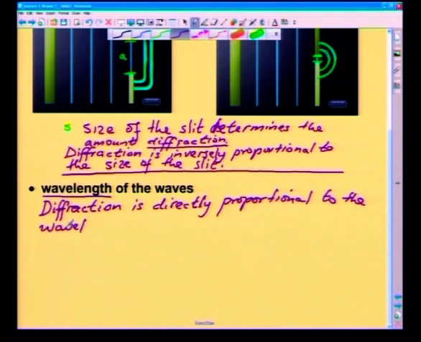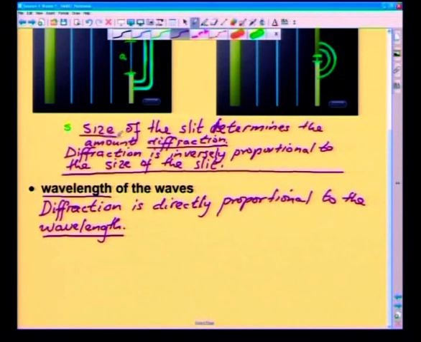Now, what does this mean? It means that as the wavelength increases, we would have more diffraction. So diffraction increases with wavelength. If the wavelength becomes less, the amount of diffraction will also become less.